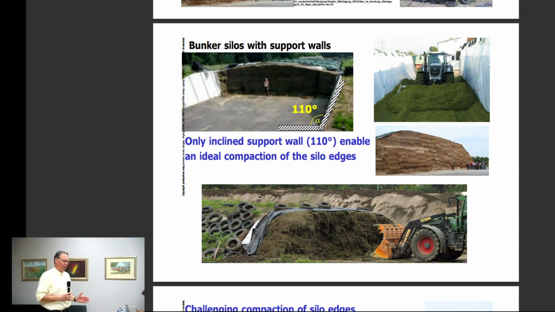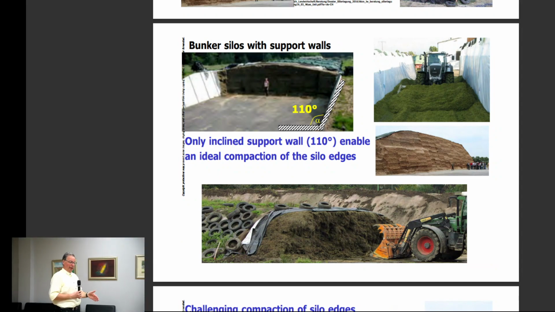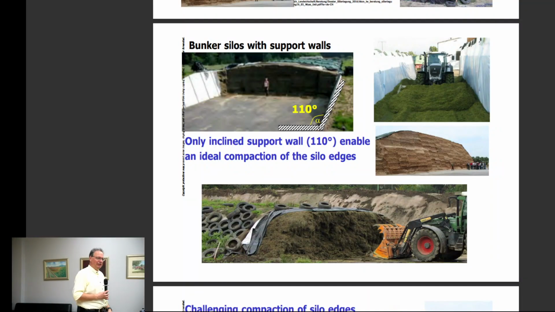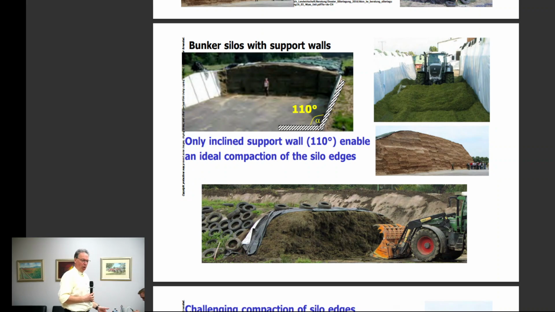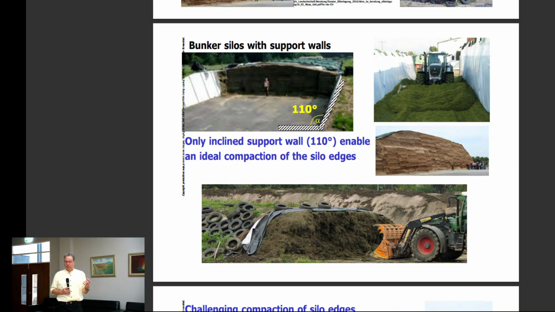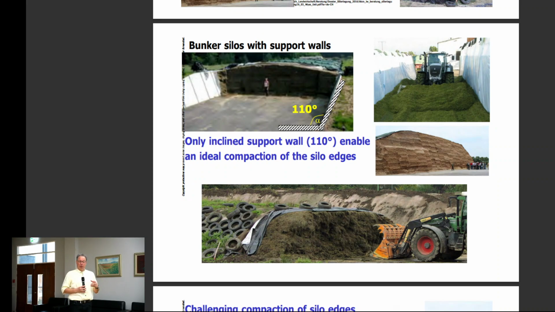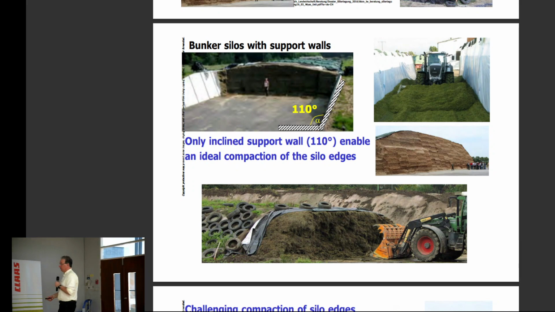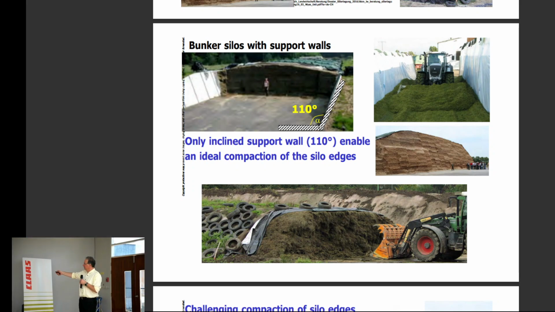So if you don't have a wall like this, if you have a small angle, then of course it's much easier to compact the walls without destroying your concrete. Because this silo should not last for 5 years, it should last a little bit longer. So therefore, if you have supporting walls, it makes sense to use them like this.